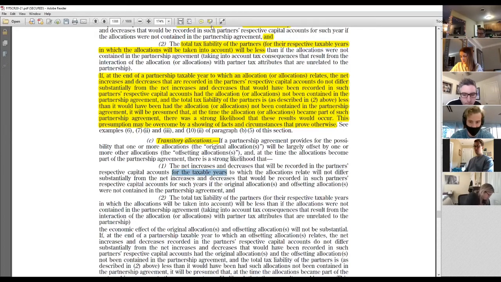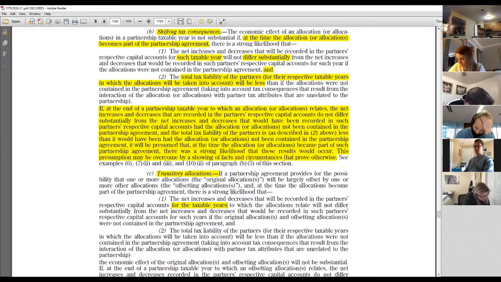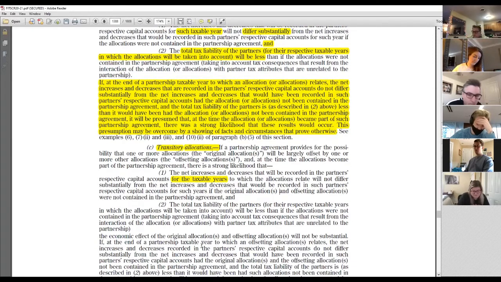We're looking at capital account adjustments for the taxable years instead of the taxable year. And we have the same hindsight presumption here.